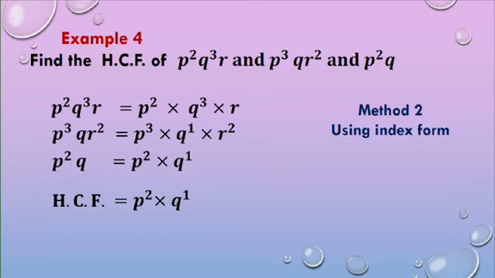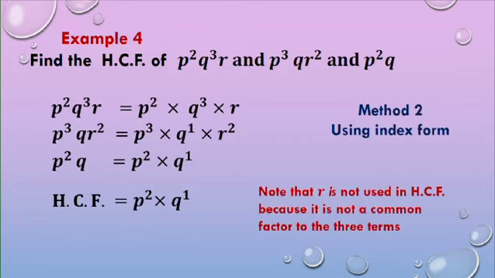The least power of P is 2 and the least power of Q is 1. But we have not taken R. Why? Because R is not common to the three terms. So R is not used in the HCF because it is not a common factor to the three terms. So the HCF is P squared Q.